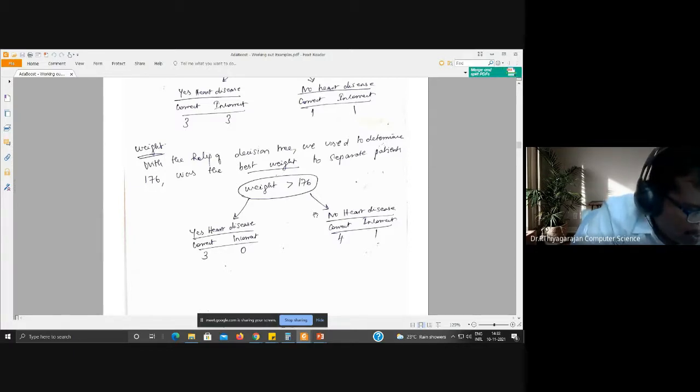So the first 3 rows in the weight column will be yes, because 205, 180 and 210 are greater than 176. After the third row, all remaining rows from 4th to 8th are no, because they are less than 176. Now check if the weight is no and heart disease is also no. So 4 times it is correctly classified, 1 time it is incorrectly classified. Am I right?